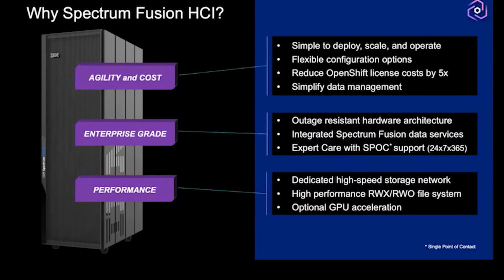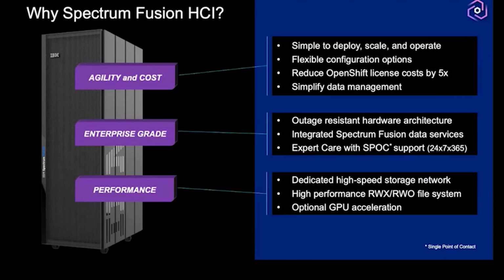So what makes the Spectrum Fusion HCI product offering a powerful choice? Spectrum Fusion HCI is simple to deploy, scale, and operate. It is fully assembled in the factory and delivered ready to connect and power on, so it can be work ready in about 6 hours.